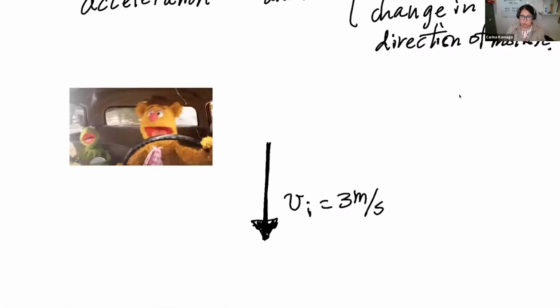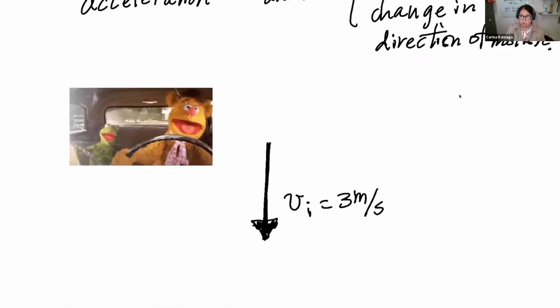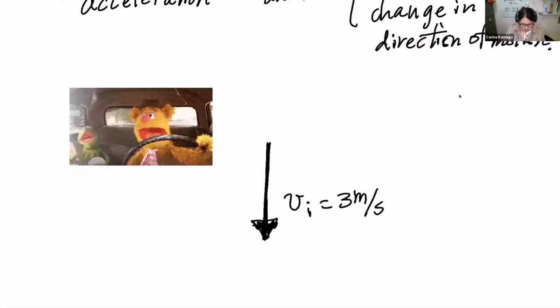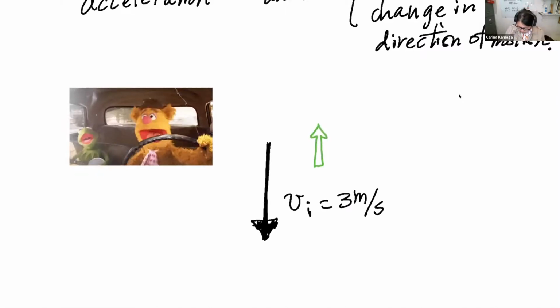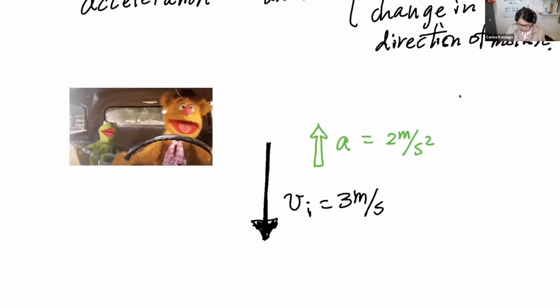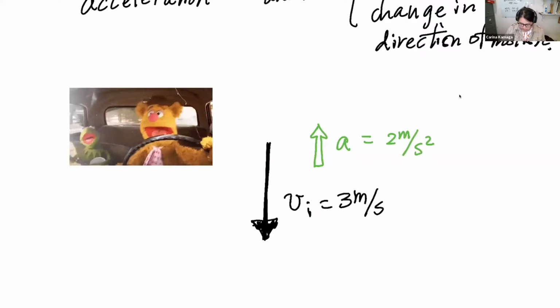You have an acceleration changing velocity in a backward direction. So the acceleration A is 2 meters per second squared in the opposite direction.